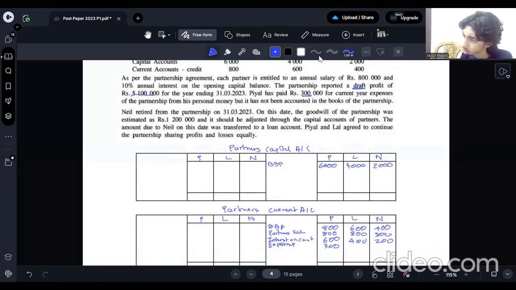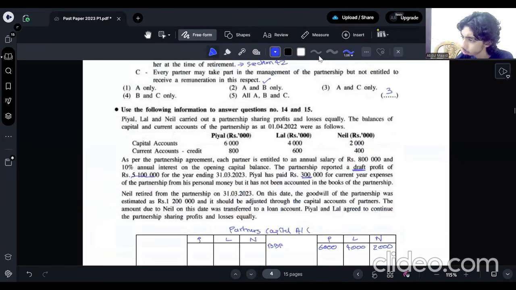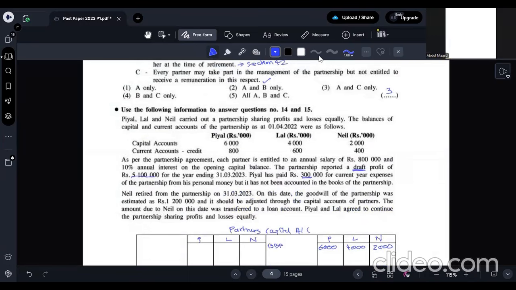So what is their profit sharing ratio? PL, Lal and Neil carried out the partnership sharing profit and loss equally.